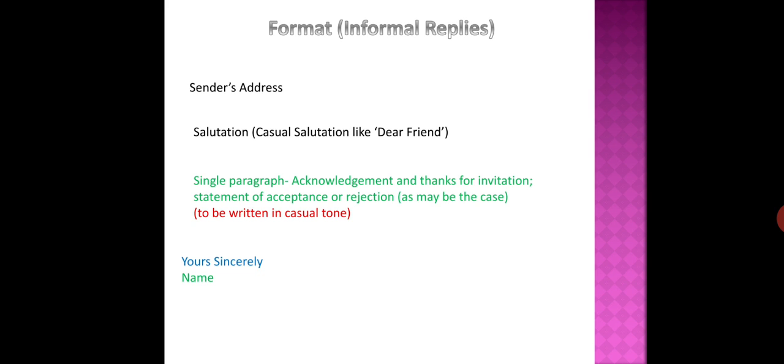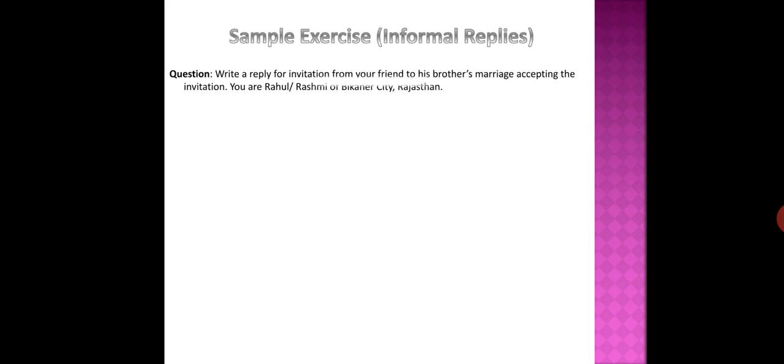Then in salutation, dear friend, a single paragraph and yours sincerely. Now there are some elements of format in case of invitations and replies to invitations which are to be kept in mind. Now the different elements and how they are to be presented in the invitations and replies, let us quickly discuss them.